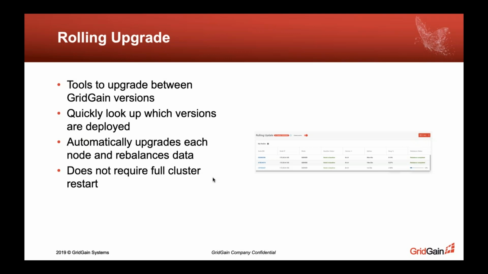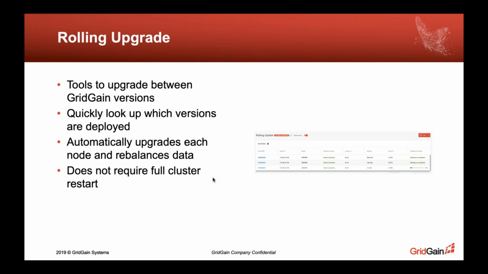We'll then take that node and stop it, upgrade it, and restart it, and then we'll rebalance the data across the nodes again. And rolling upgrade will basically go sequentially through all of the nodes in our cluster, and one by one, rebalance, take down, upgrade, rejoin, and rebalance. So this allows us to do an upgrade of an application without requiring a cluster restart. So it's a way of doing a zero downtime upgrade between GridGain versions.